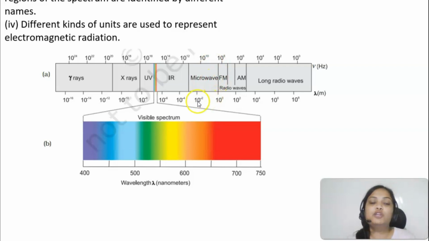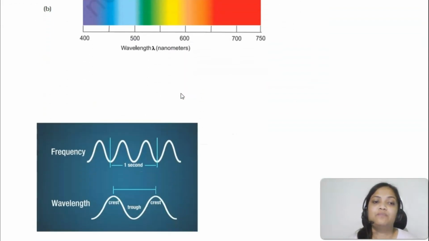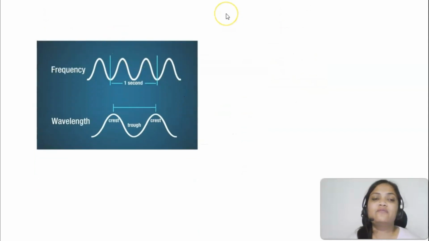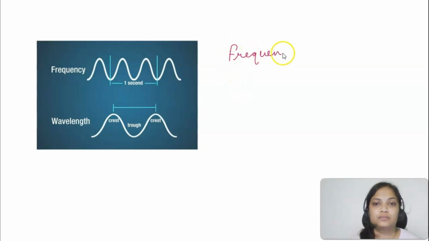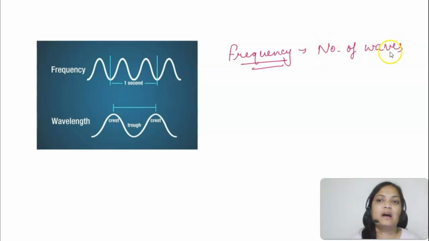But before that, you must know what wavelength and frequency are. Wavelength and frequency are characteristics of waves. What do you mean by frequency? It is the number of waves passing through a point in 1 second.